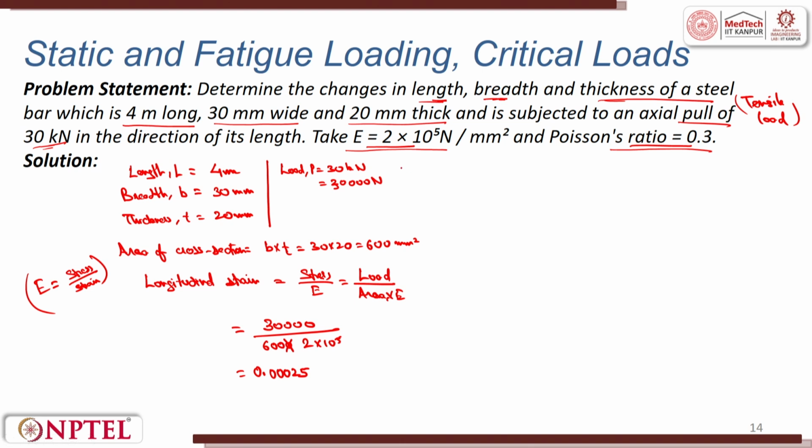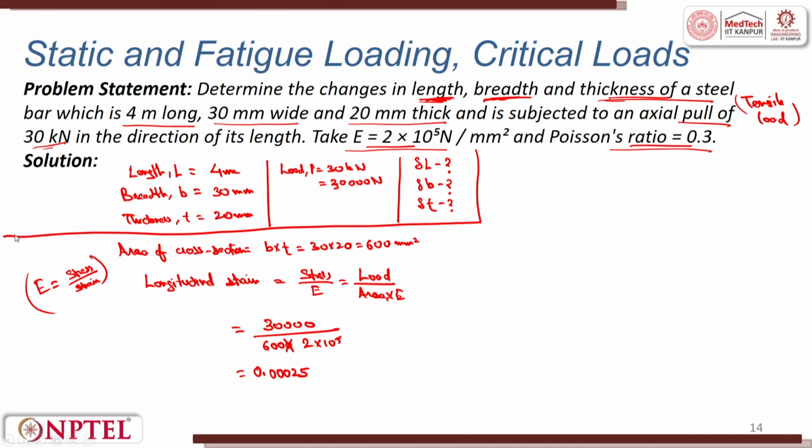To find the values of delta L, delta B and delta T, which are the asked change in length, change in breadth and change in thickness. Now, I have gotten the value of longitudinal strain.